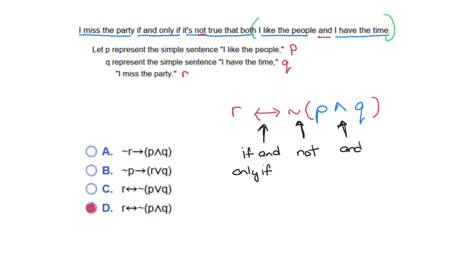All right, so be very careful. Just read through carefully. Go ahead and place in your letters that represent your symbol statements, and then go for your symbolic form of conjunction, disjunction, conditional, biconditional.